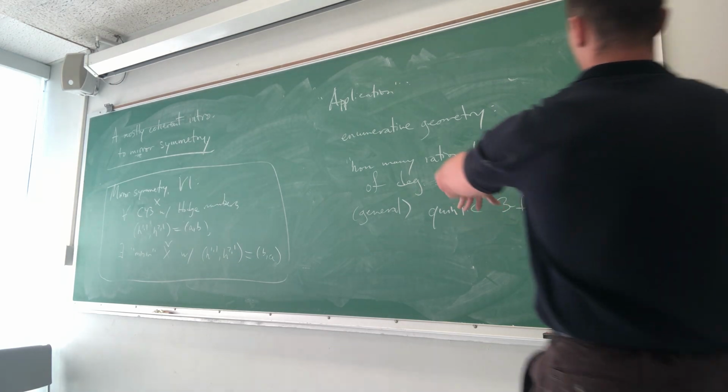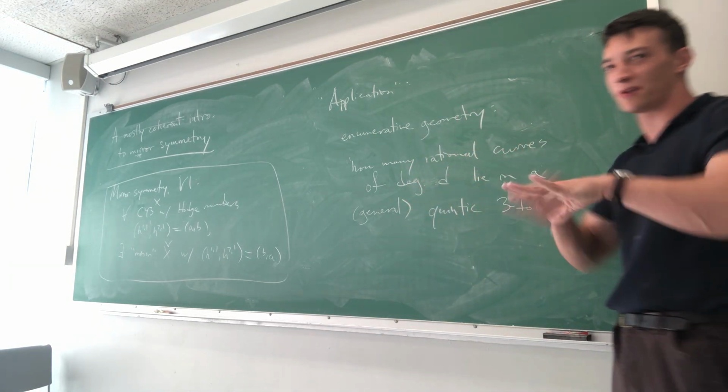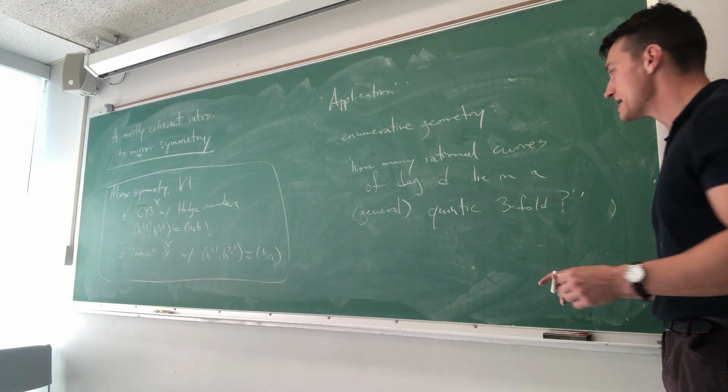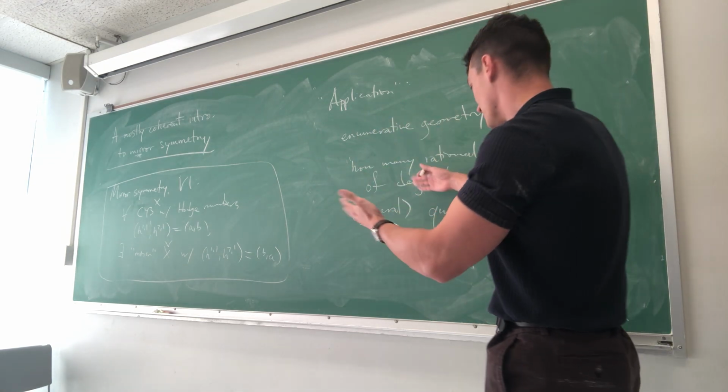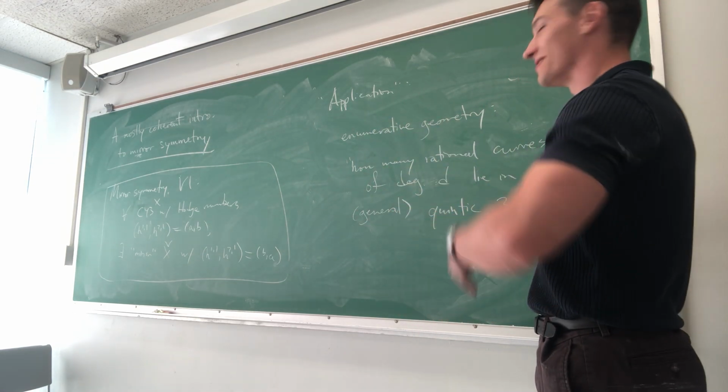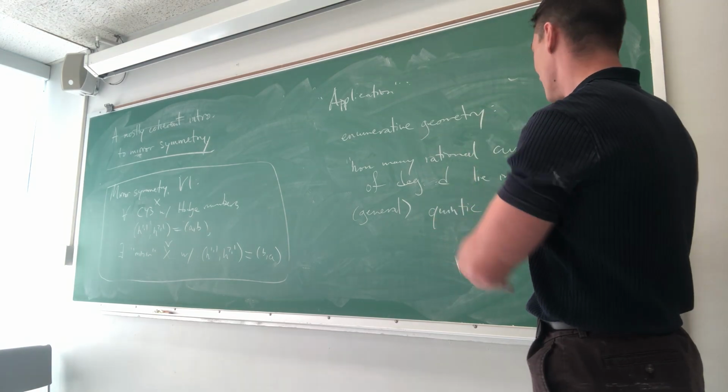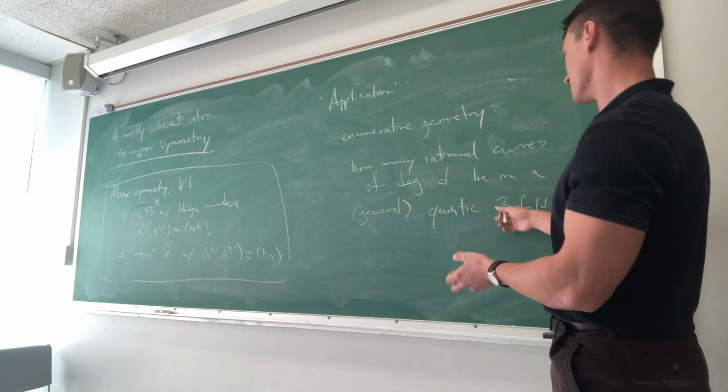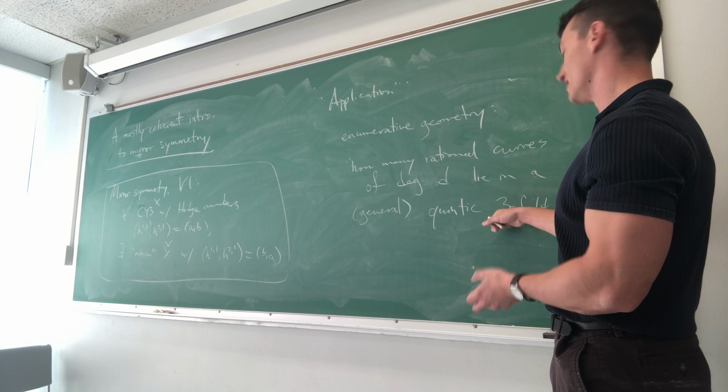Just real quick terminology. Rational curve, I just mean something that can be parametrized by rational functions, essentially. Degree D is kind of self-explanatory. And quintic threefold, I mean defined by a 5th degree polynomial in P4.